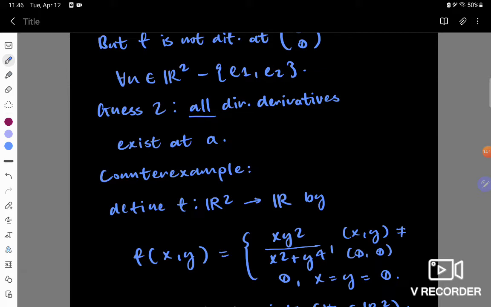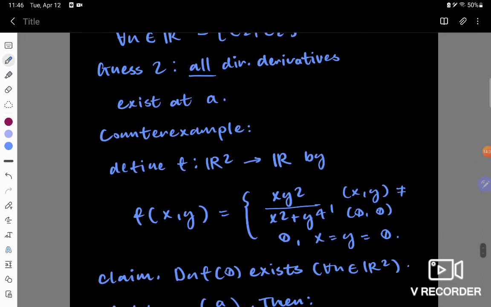And we define it again in this discrete way as we did before: if we're not at the origin, that is, if x and y are not both 0, you take this to be xy squared over x squared plus y to the fourth. However, if it is at the origin, then we have 0, so x equals y equals 0, and we want to show that this is in fact not a differentiable function.